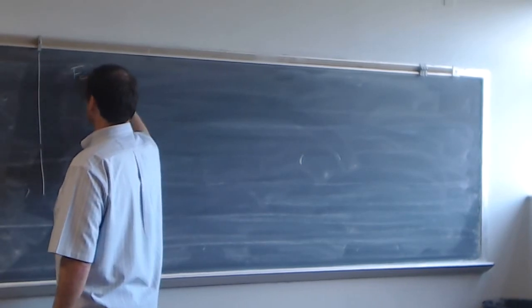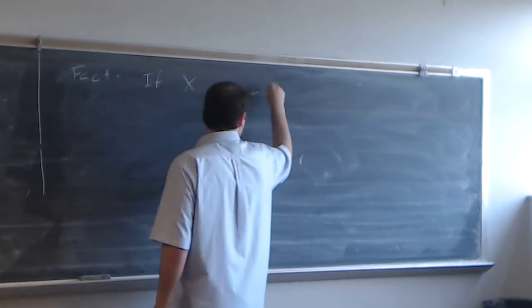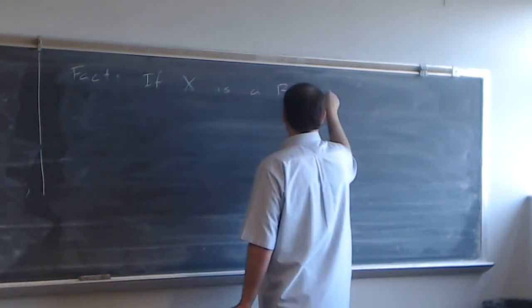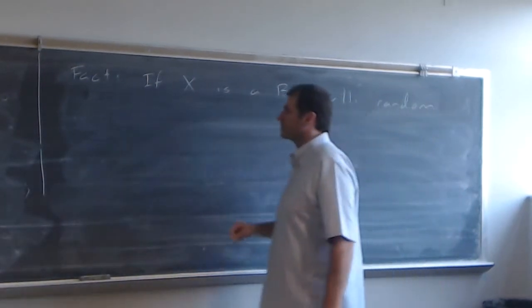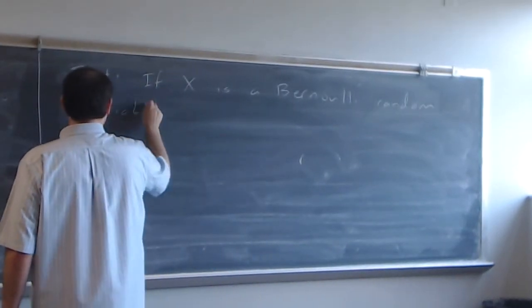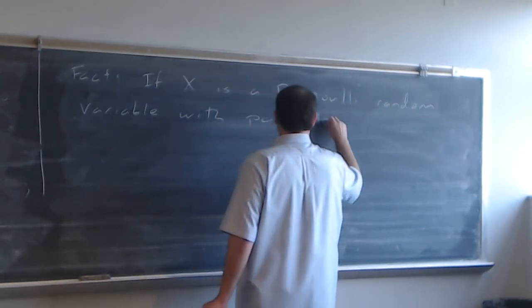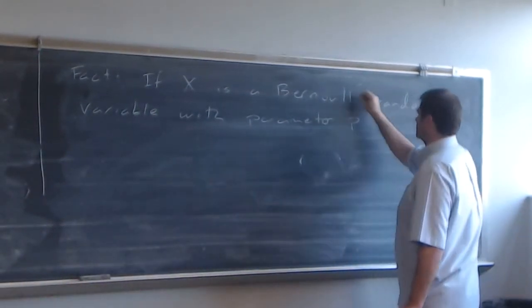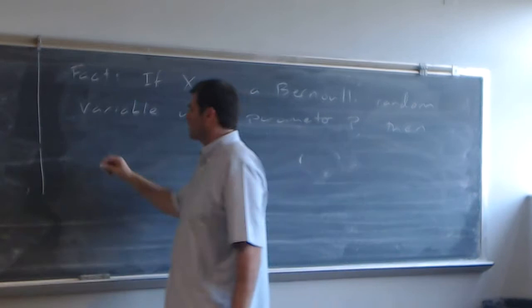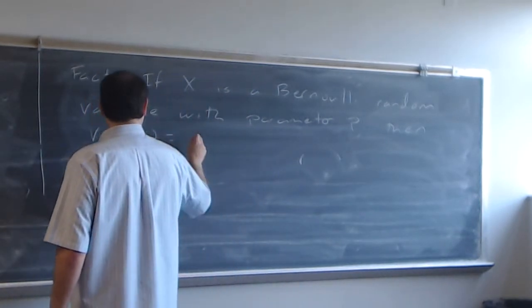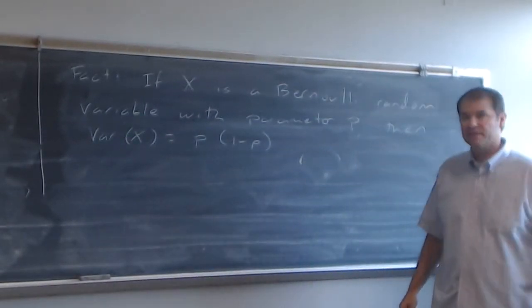So as a fact, if X is a Bernoulli random variable with parameter p, then the variance of X is equal to p times 1 minus p. Let's prove this.